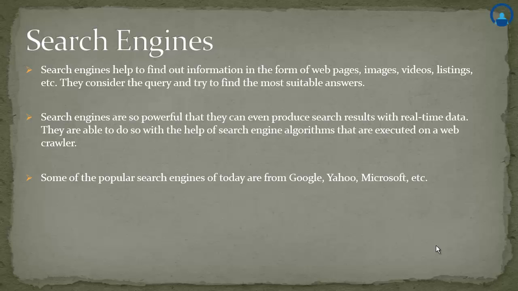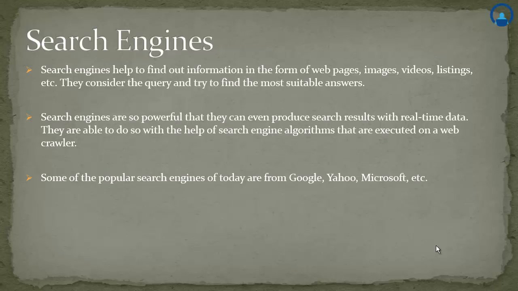You can then select the most appropriate ones that fulfill your requirement for information. Search engines are so powerful that they can even produce search results with real-time data. They are able to do so with the help of certain search engine algorithms that are executed on a web crawler. Please do not worry about these technical terms like algorithms and web crawler. We shall understand them in detail later during the course of this training program.